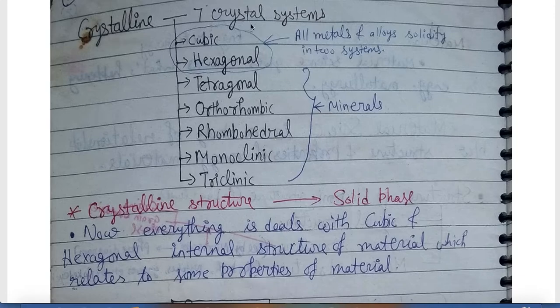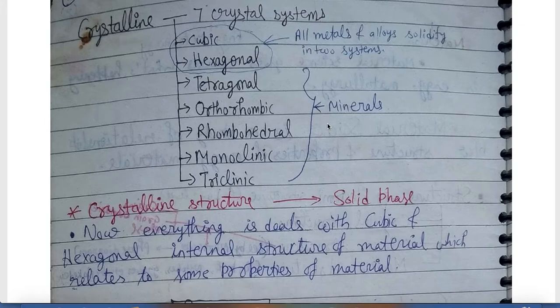So these are the various crystal systems, of which only two, cubic and hexagonal, are going to be present in metals and alloys. All metals and alloys solidify in these two kinds of crystal system, and the remaining crystal systems are found in minerals.